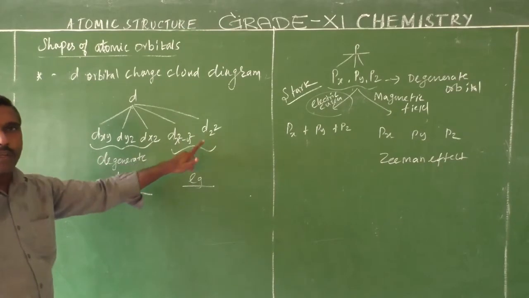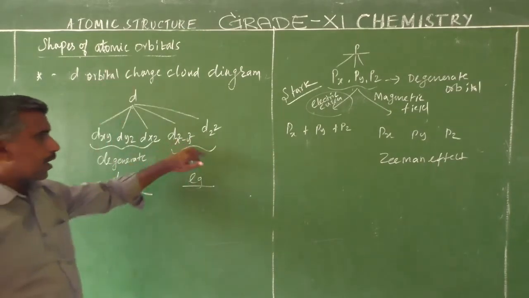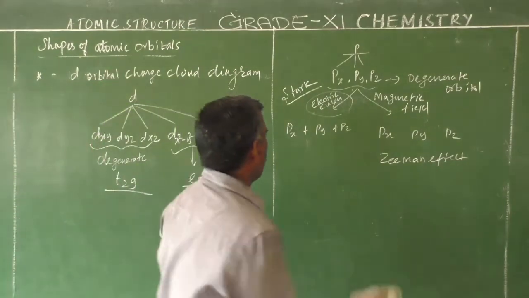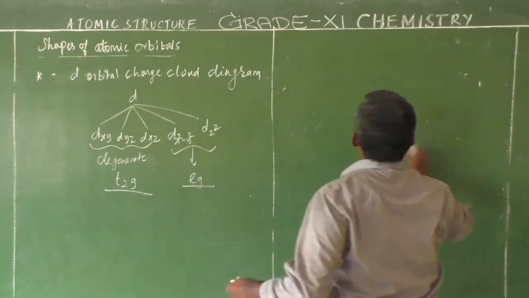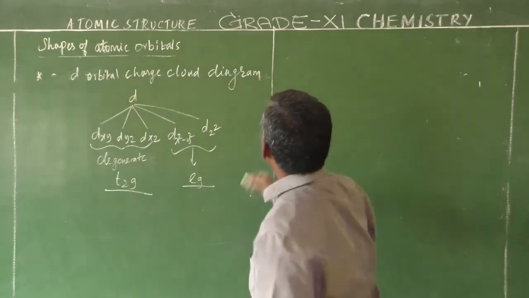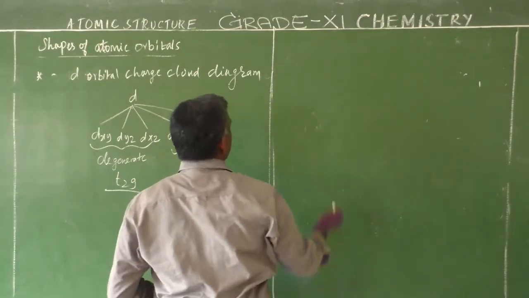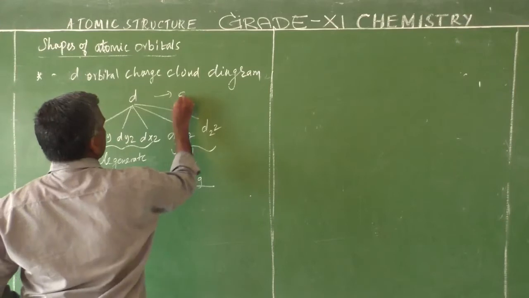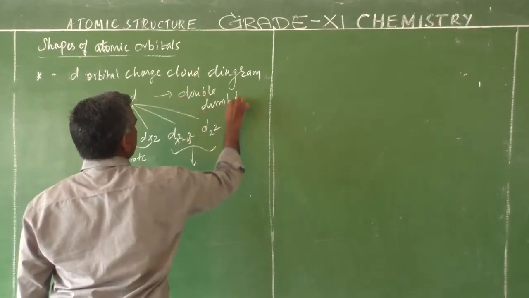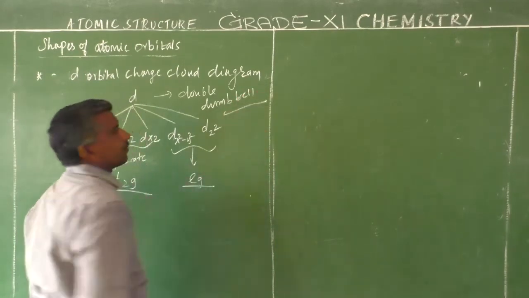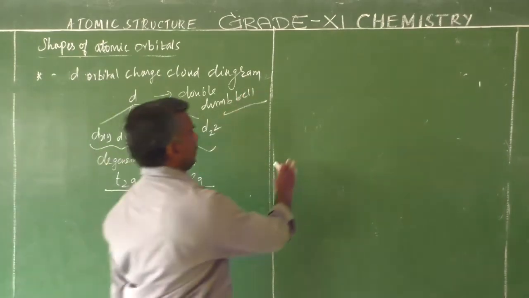But these 2 orbitals are present along the axes. Okay, I will draw the diagram. First I will draw the charge diagram for the 3. First dxy, dyz. The d orbital shape is double dumbbell shape. Okay, now I will draw it.